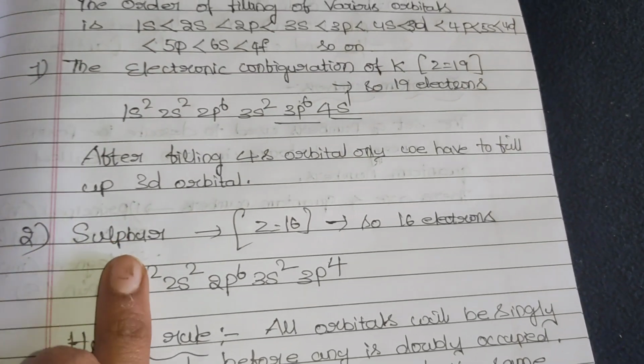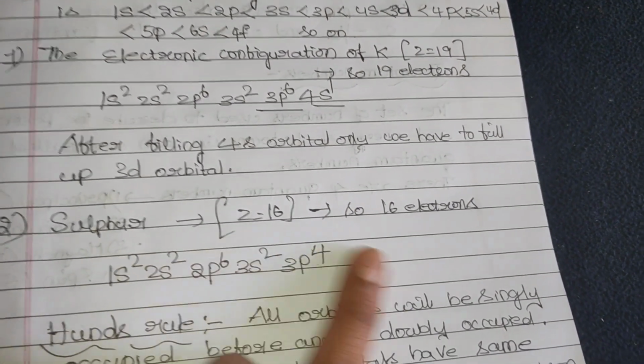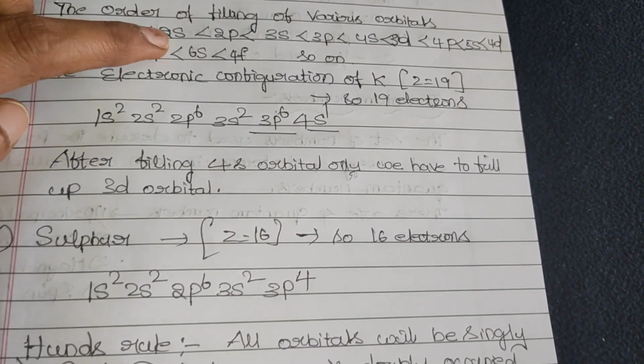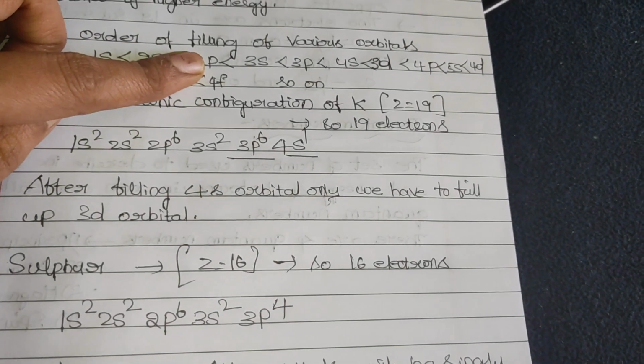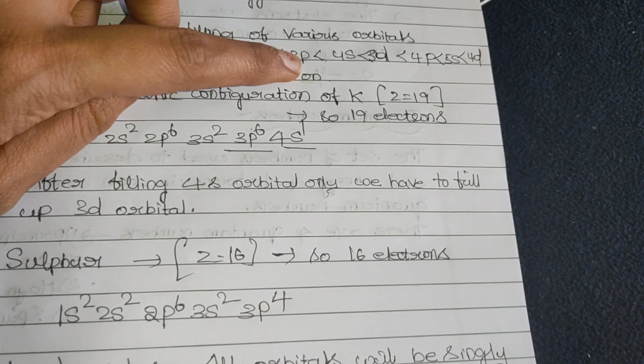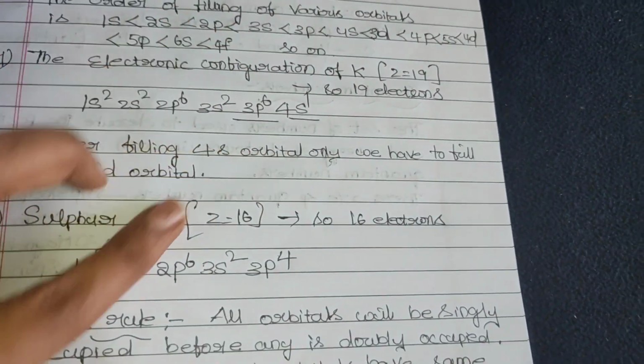One more example, sulfur: its atomic number is 16, so 16 electrons should be filled. First 1s2, then 2s2, 2p6, then 3s2, and the remaining 4 electrons go in 3p. It is filled from lower energy to higher energy.